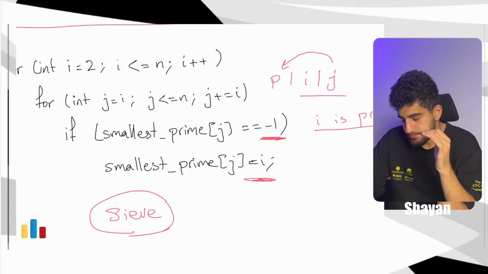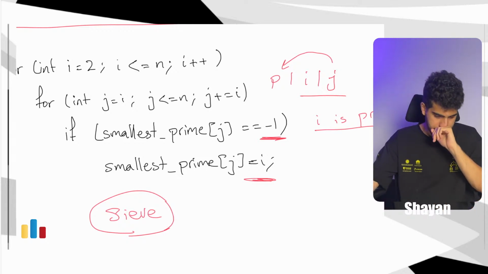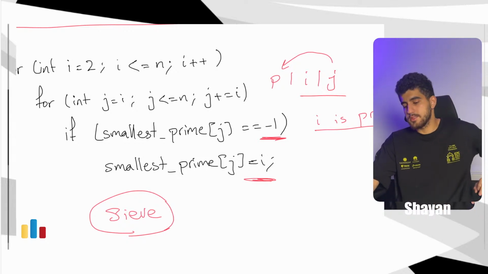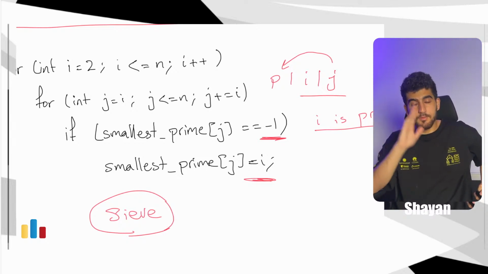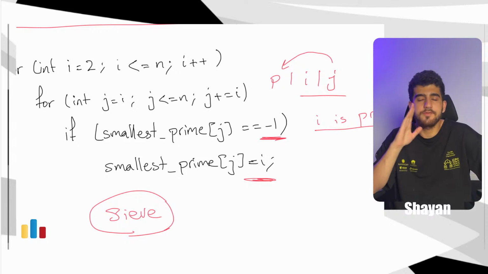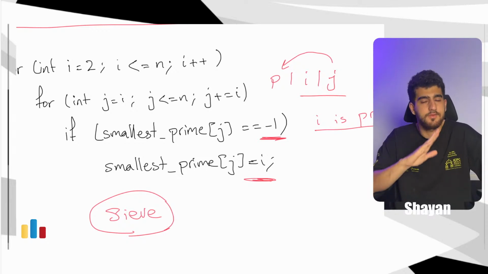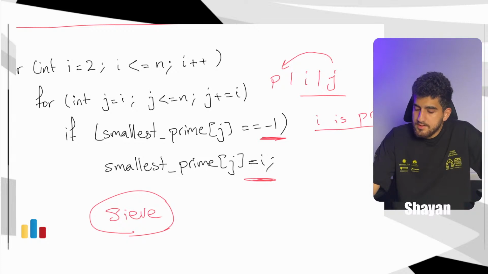So j is divisible by i, and i is the smallest prime number that divides j, because before this we haven't found any other number that divides j.